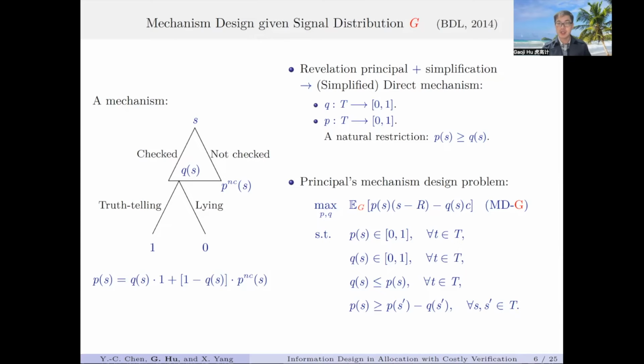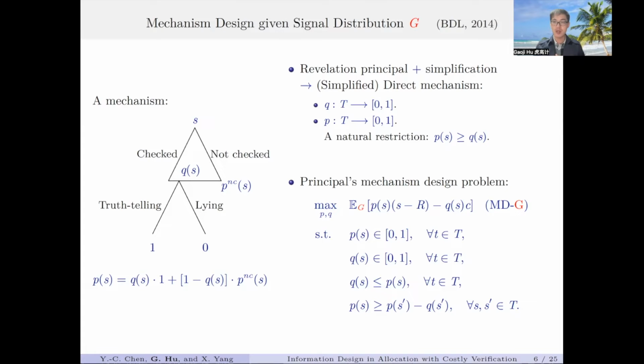BDL shows a revelation principle, and with the revelation principle and the simplification we just mentioned, we can focus on the simplified direct mechanism. The simplified direct mechanism consists of 2 rules, the checking rule and the allocation rule.